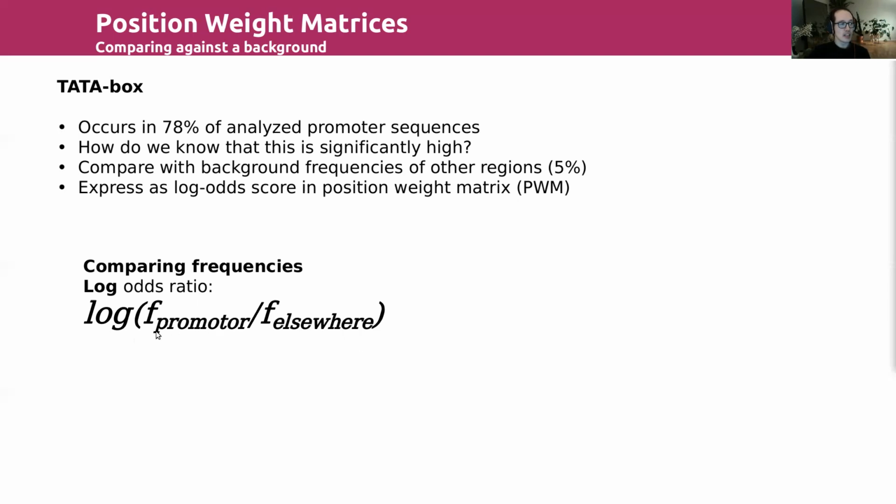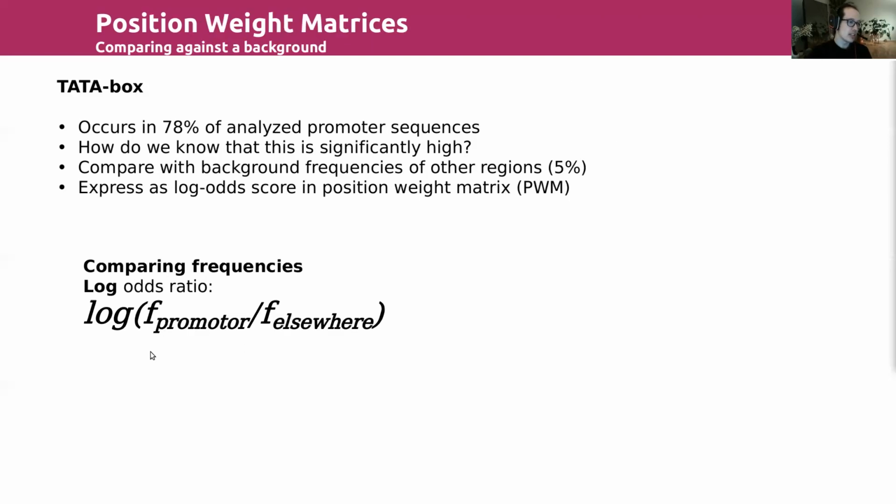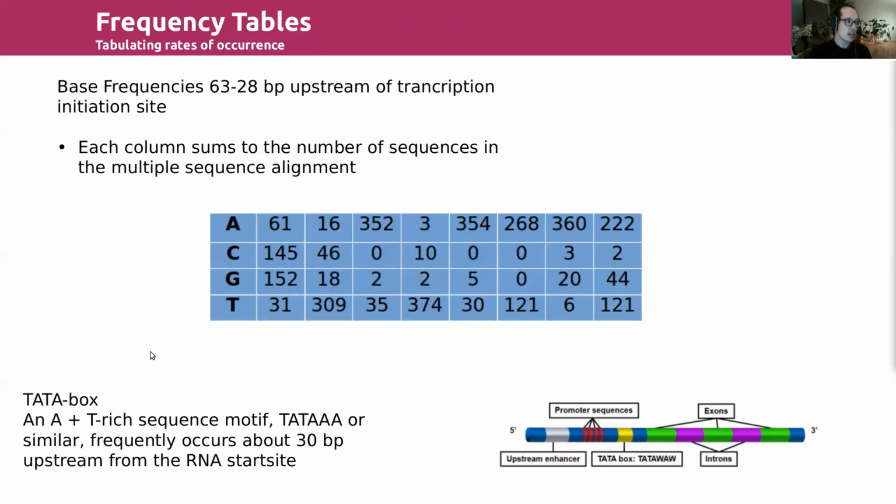In this case, as always, it's our frequency of interest divided by the background or expected frequency. And again, as with scores, we take the log to make for easy tabulation or easy arithmetic. So that's position weight matrices, a slight variation of frequency tables.